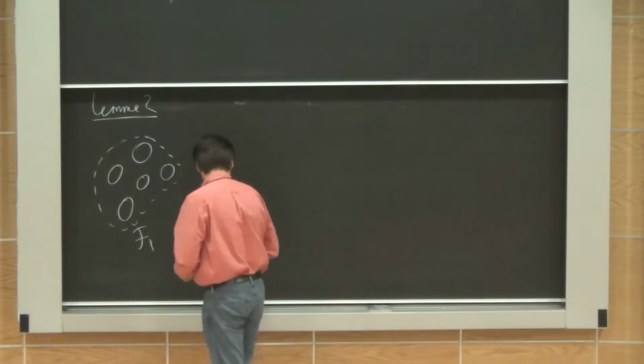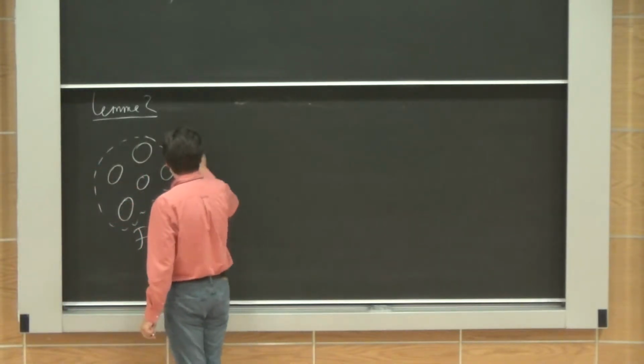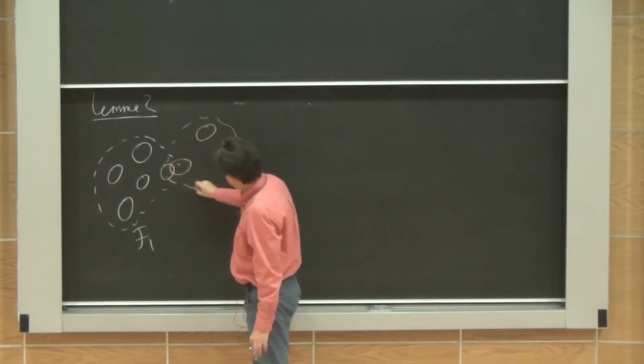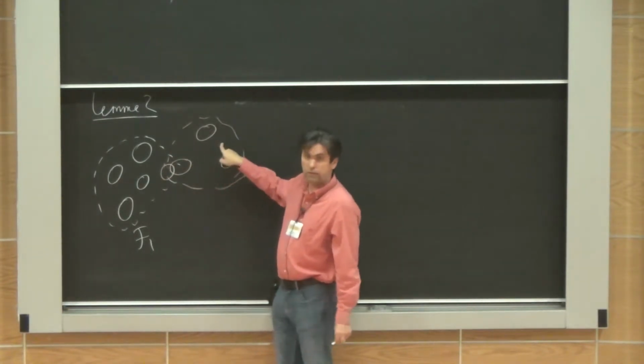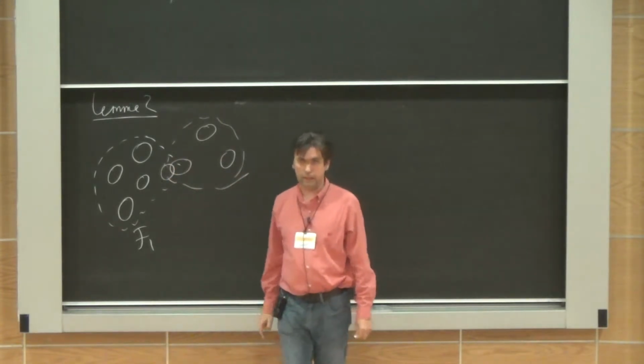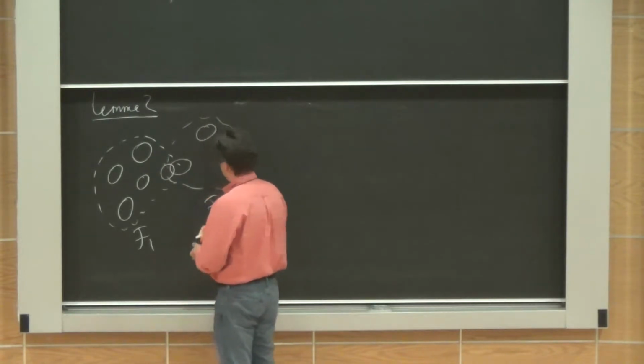So suppose you have another multisection which is basically disjoint, but one component of this multisection intersects with one component of the other multisection. So let this be F2.